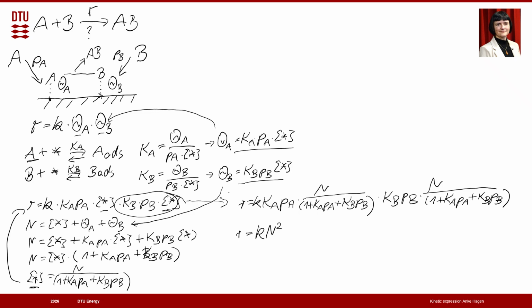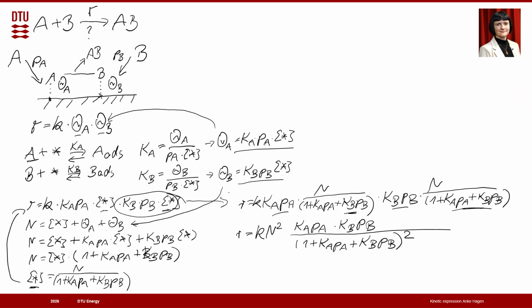And then we can put these 2 terms in the numerator, meaning equilibrium constant times partial pressure A times equilibrium constant times partial pressure B. And in the denominator we have these 2 expressions, and that is 1 plus K_A P_A plus K_B P_B, squared. So this is now our reaction rate expression, a bit easier.